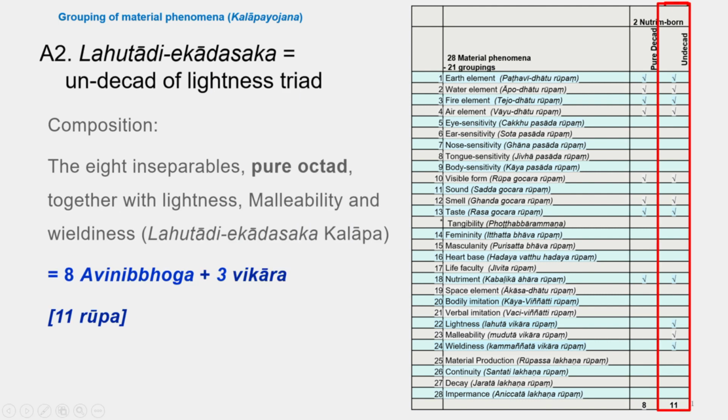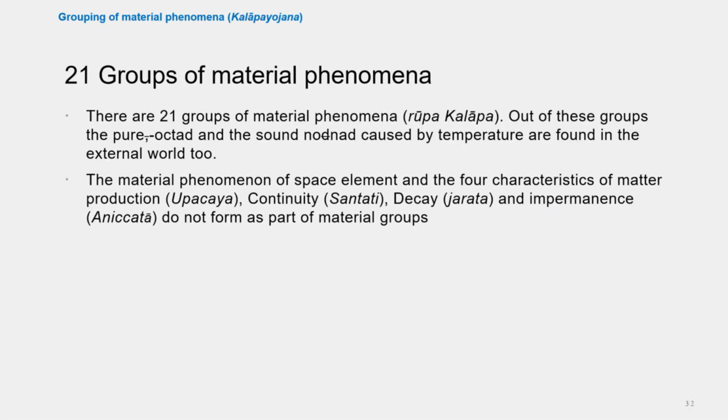So the next one, Lahutadi-ekadasaka, or undecad of lightness, etc. The 8 inseparables together with lightness, malleability, and wieldiness. There are 21 groups of material phenomena, Rupa Kalapa.